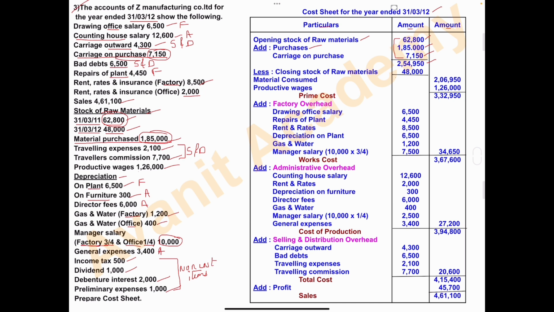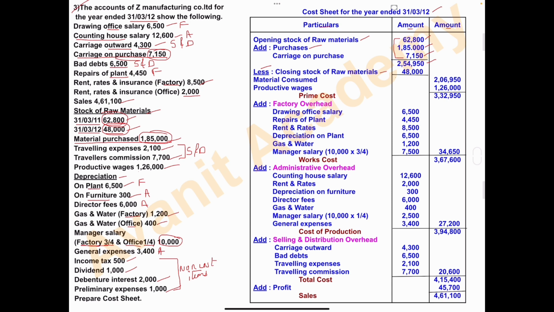So after adding purchases and any expenses related to purchase of raw material, what we have to do? We have to minus the closing stock of raw material amount. Right here, less closing stock of raw material. Closing stock of raw material, that is on 31st March 2012, the amount is 48,000.